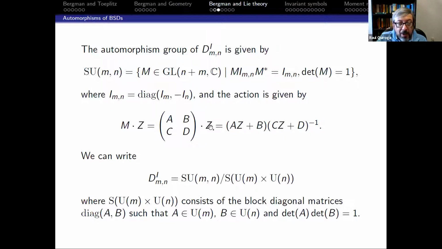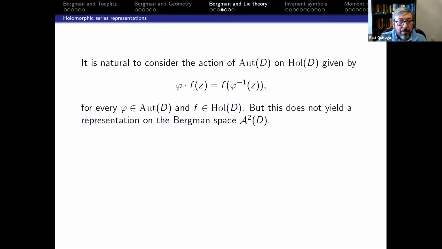The isotropy of the zero matrix is given like this: just the diagonal matrices. So you take only non-zero entries on the diagonal, unitary in this diagonal, and the product of determinants is 1. That's a basic example, and for many results, you can keep in mind this particular case.